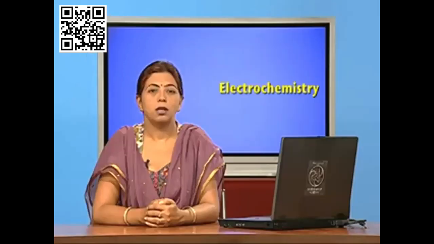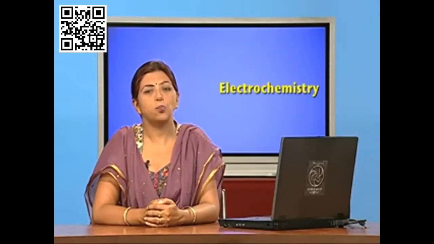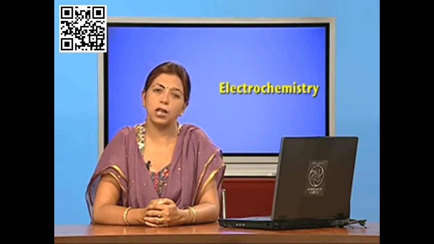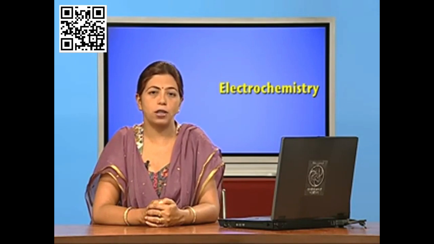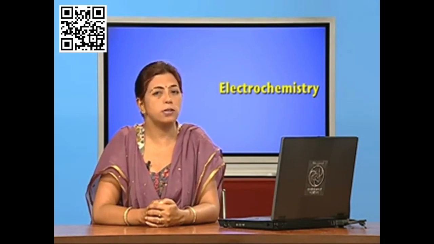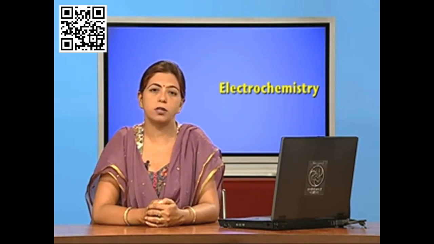Now let me tell you how it works. As I have earlier told you, there is deposition of the positive ions around the zinc electrode. So the anions of the inert electrolyte will move towards the zinc half cell and neutralize the positive ions.